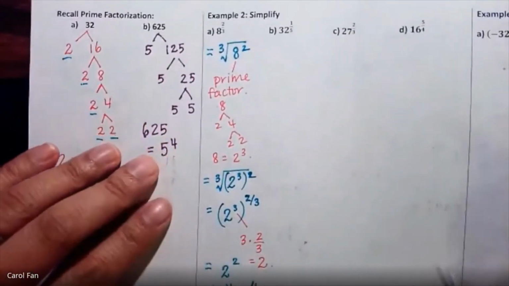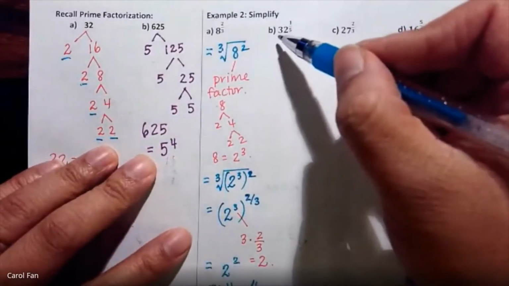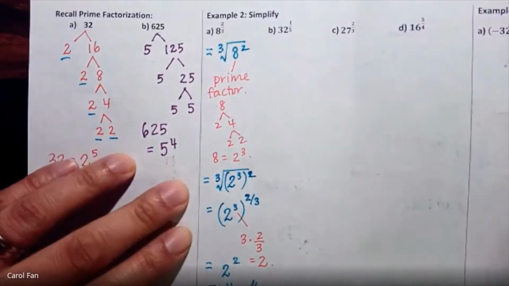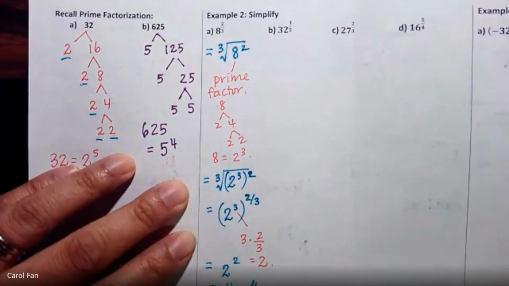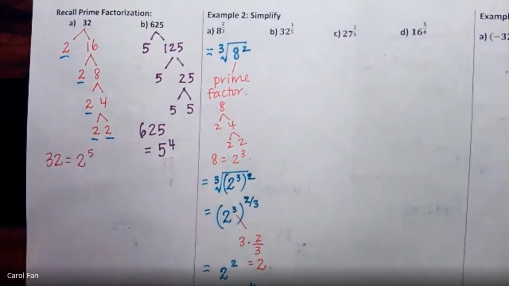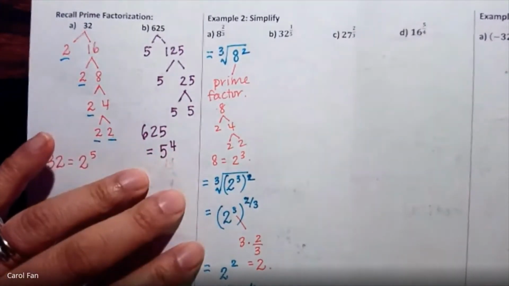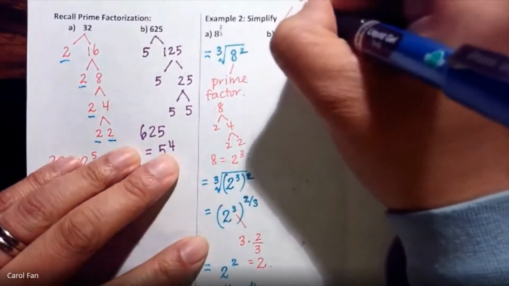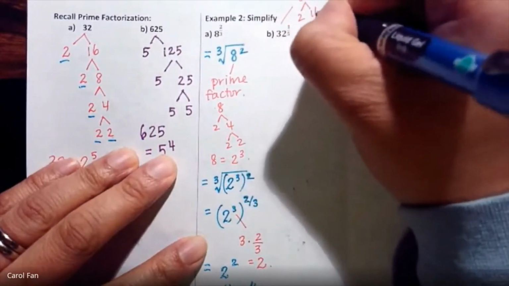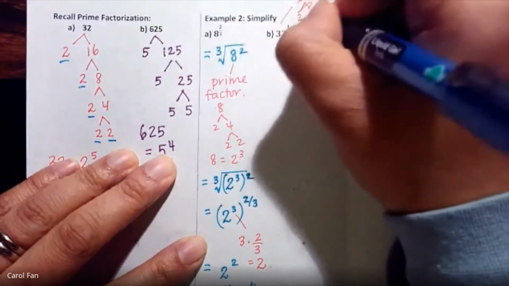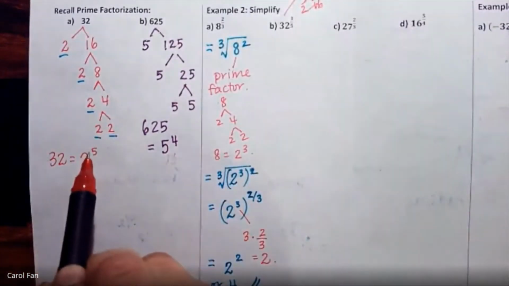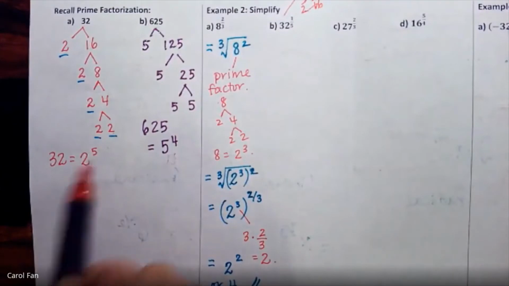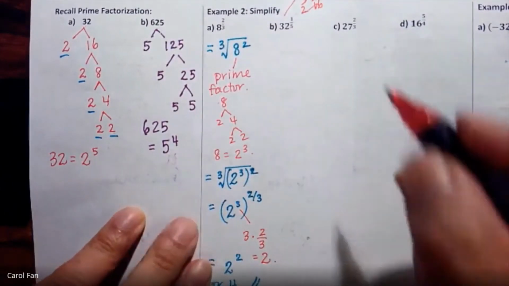Let's do another question like that. B, 32 to the 1/5. Main thing, let's do our prime factorization so that I can rewrite what's going to be in the radical. So 32, 2 and 16. Oh, actually, we don't need to do that because we've done it before. 32 is equal to 2 to the 5th power.